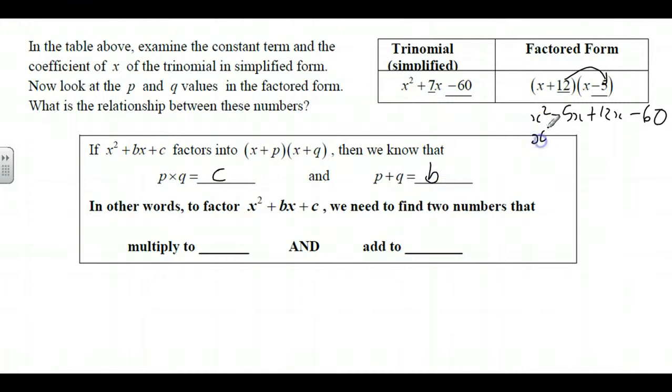Let's simplify: x squared plus 7x, that's p plus q, and minus 60, that's p times q. So in other words, to factor x squared plus bx plus c, we need to find two numbers that multiply to give us c, and the same two numbers add to give us b. They multiply to give us the last term, and their sum is the middle term.